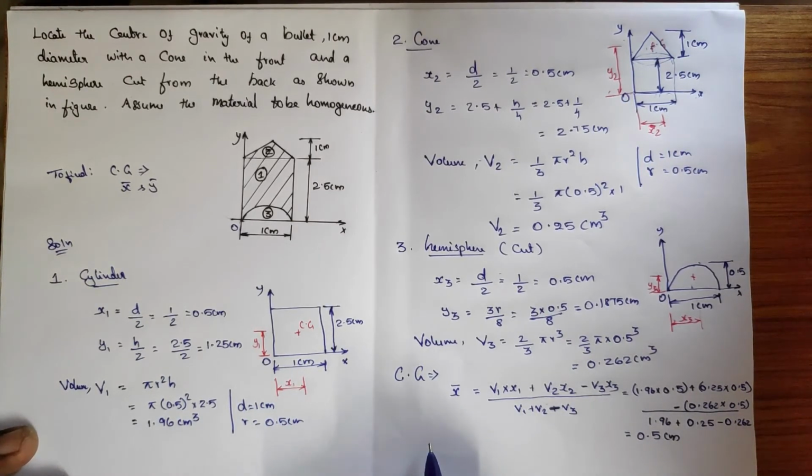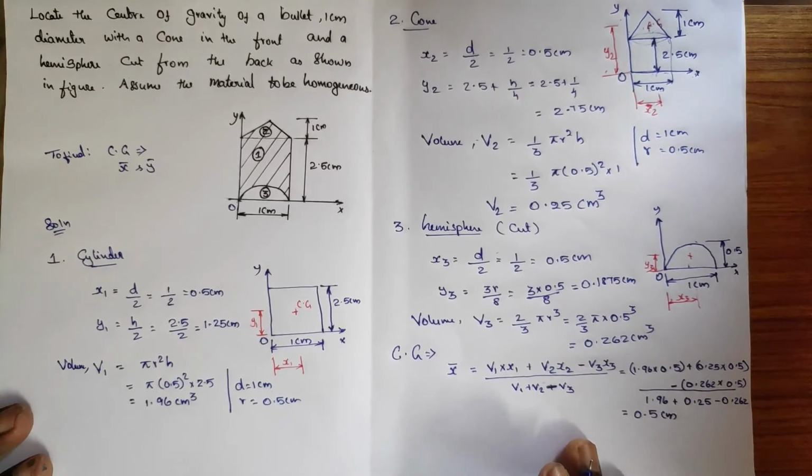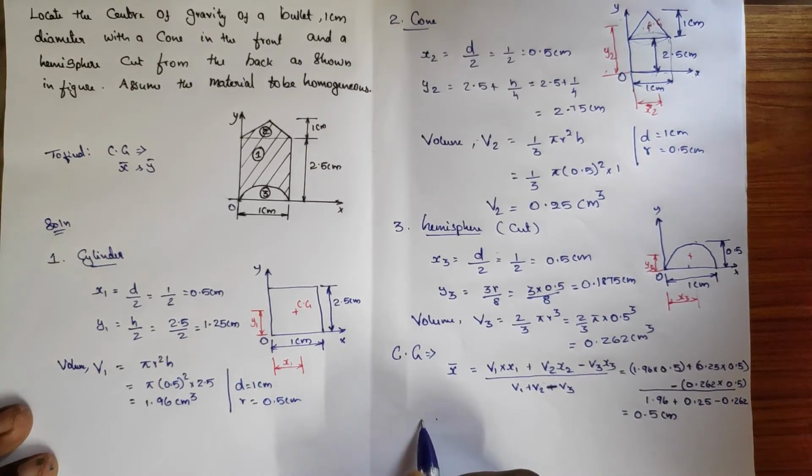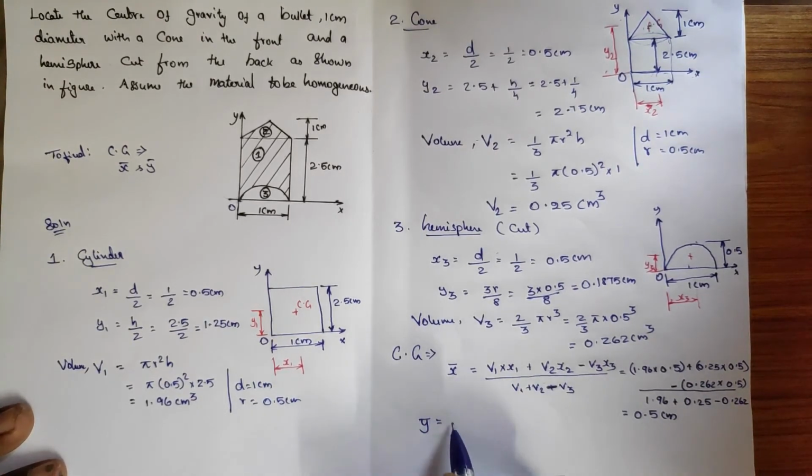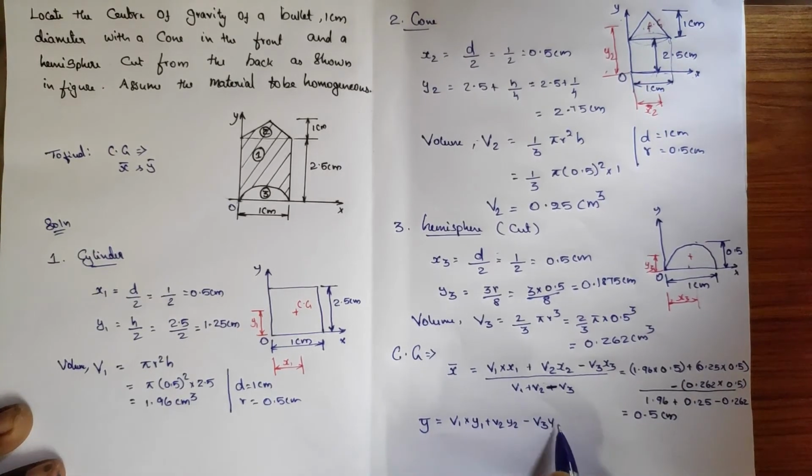Right. Then the y bar. The y bar formula is in a similar fashion. If you write it in terms of y: v1 y1 plus v2 y2 minus v3 y3 divided by v1 plus v2 minus v3.